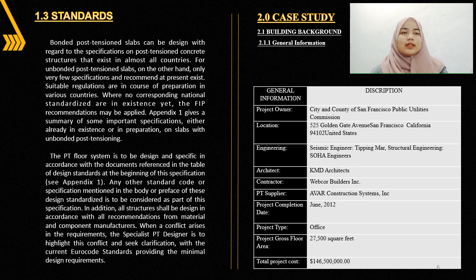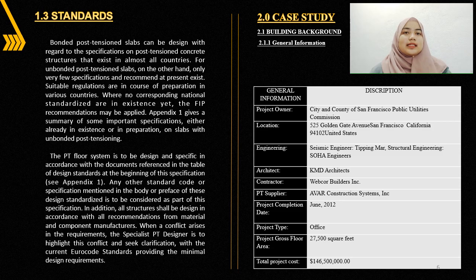Appendix 1 gives a summary of some important specifications either already in existence or in preparation on slabs with unbonded post-tensioning. The PT slab system is to be designed and specified in accordance with the documents referenced in the table of design standards at the beginning of this specification. The specification can be seen in Appendix 1.